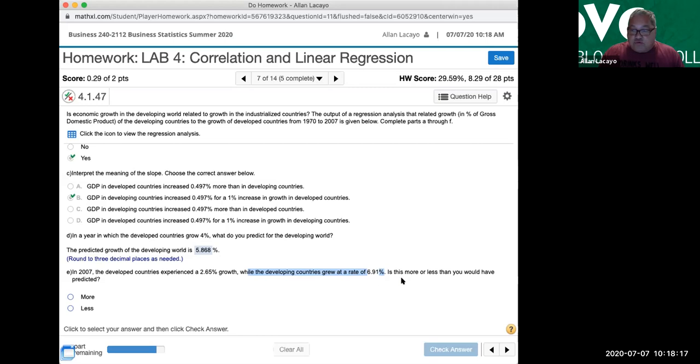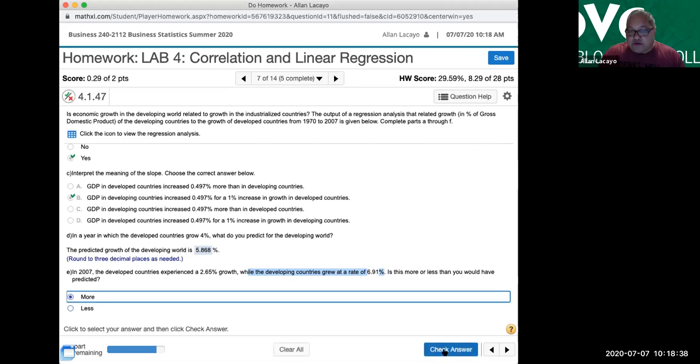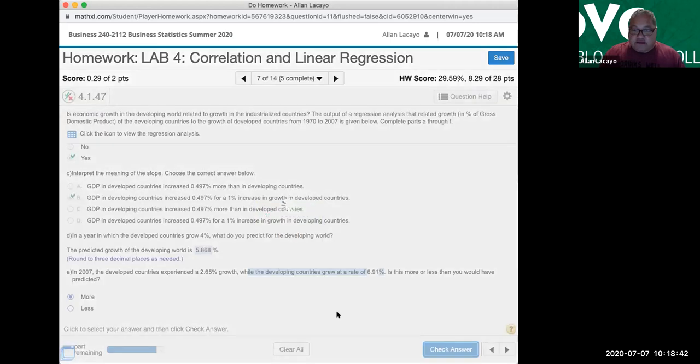So is this 6.91% more than you would have predicted? Well, if you go back to part D, you notice that when x was 4, the prediction for y was 5.8. Now, in this case, x is even smaller than 4, and y is bigger than 5.8. So this is clearly way more than you would have predicted with rich countries growing at 2.65%.